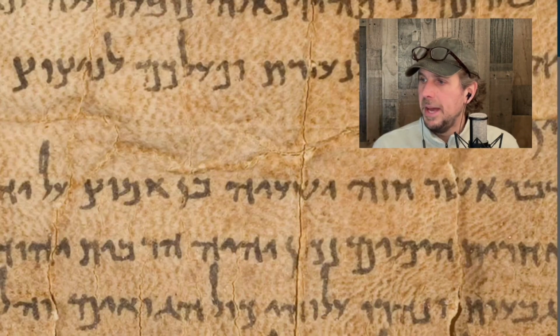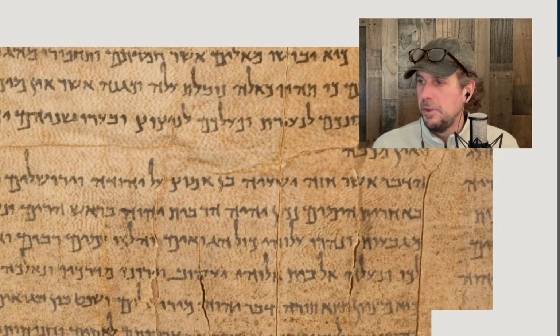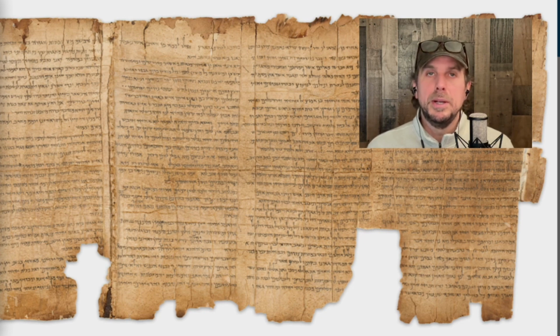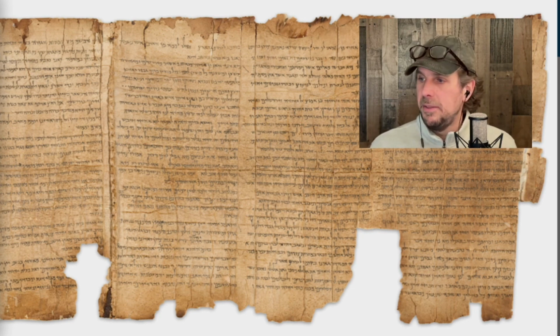When we compare that with, for example, the Great Isaiah Scroll, it's real bare bones. And of course, another point of differentiation between these two manuscripts is that the Great Isaiah Scroll is indeed a scroll. It is a giant roll-up piece of leather, stitched together.